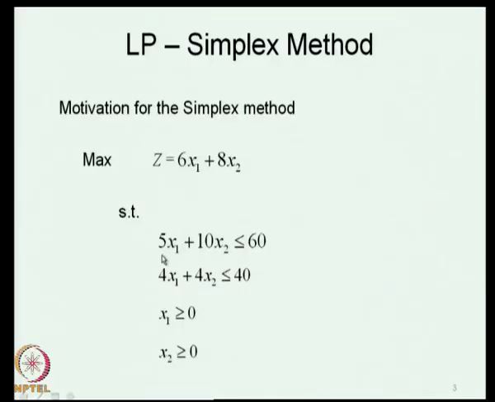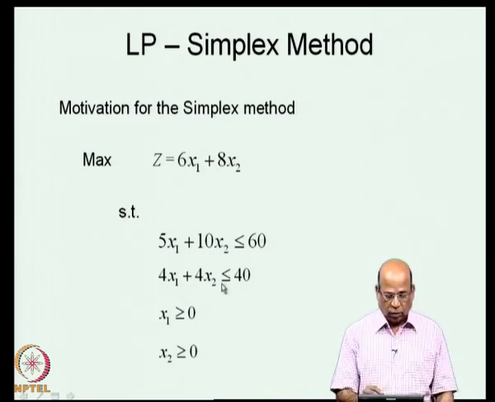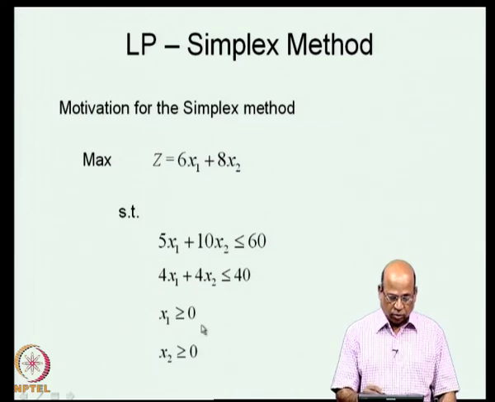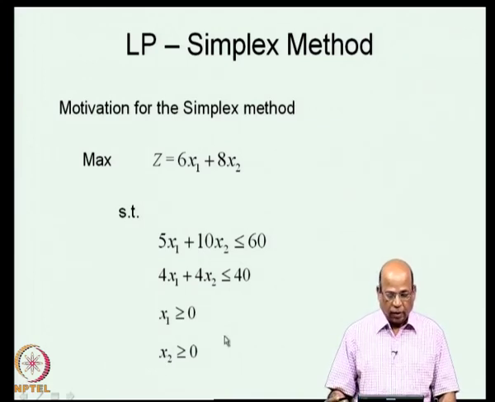Maximize z equal to 6 x1 plus 8 x2 subject to 5 x1 plus 10 x2 less than or equal to 60, 4 x1 plus 4 x2 less than or equal to 40, and the non-negativity constraints x1 greater than or equal to 0, x2 greater than or equal to 0.